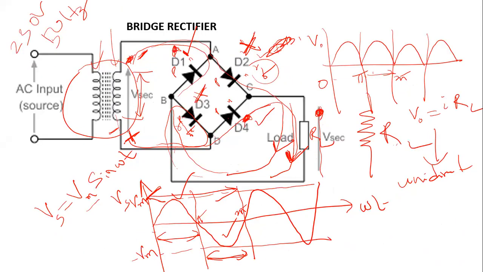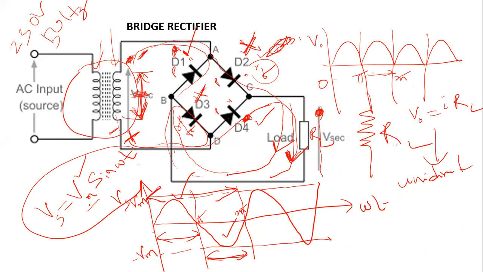Now in the bridge rectifier, you will find that the peak inverse voltage is simply Vm, because here you do not have any center tapping. The signal appearing across the secondary of this transformer is Vs equal to Vm sine omega t.